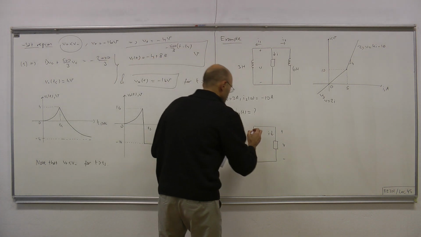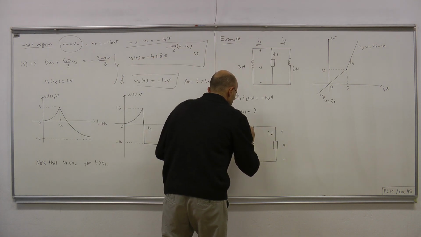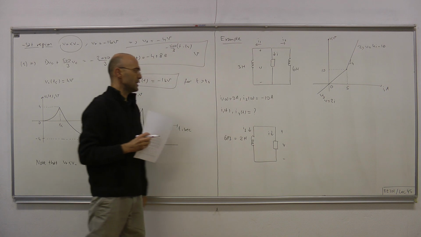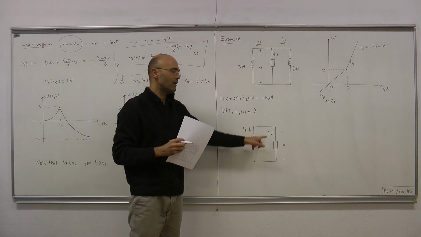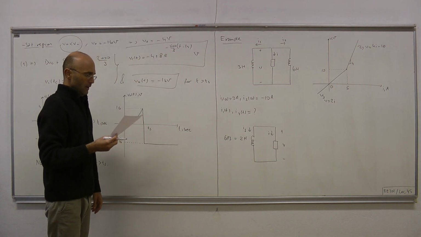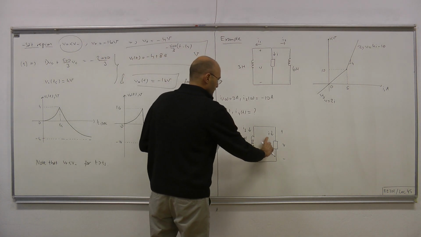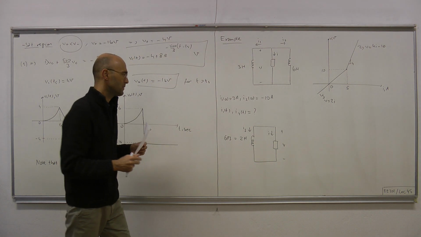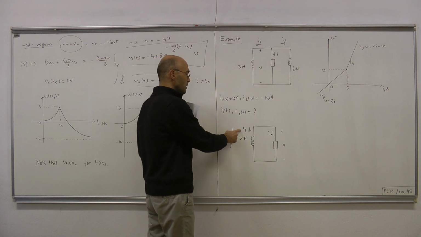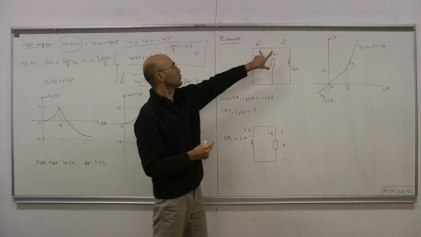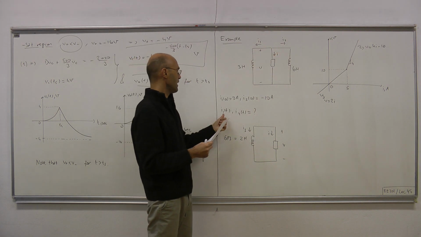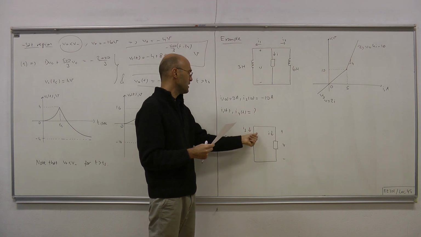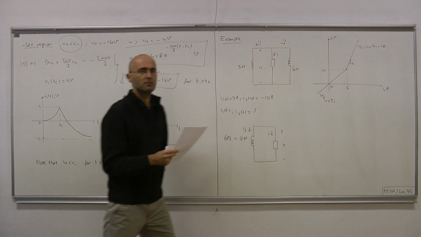Let's call the current of this equivalent inductor I3. Clearly I3 is minus I. And we're going to deal with this circuit. We're going to figure out I3, and then once we have I3, by current division, we're going to figure out I1 and I2, because I3 clearly equals I1 plus I2.